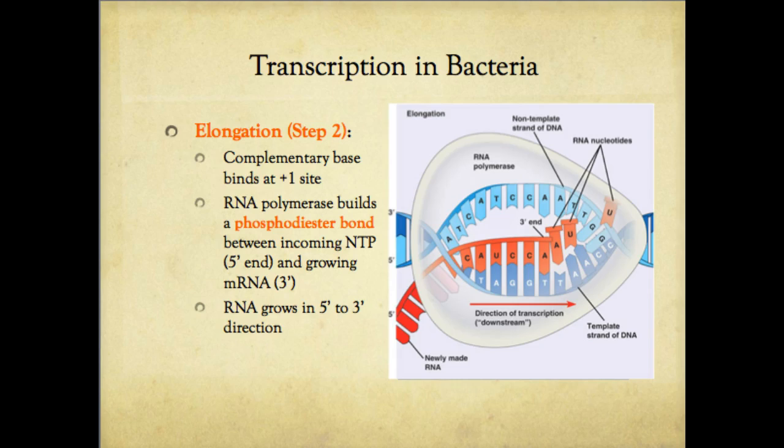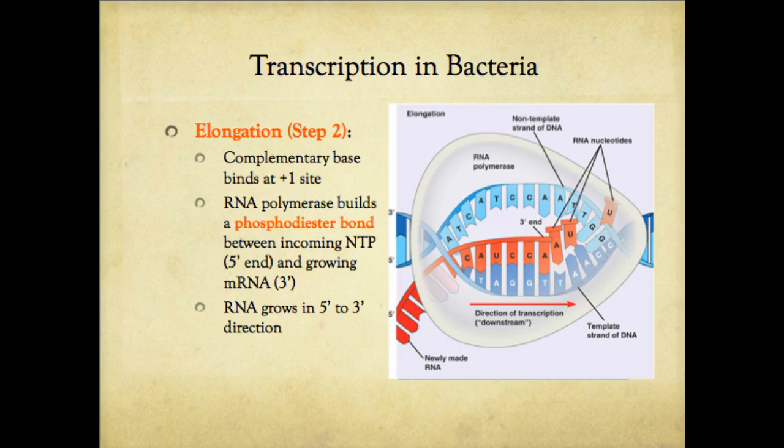Okay, so once sigma has the core in place on the promoter and has the template strand in its correct channel, sigma gets released. Sigma has done its regulatory job. At that point, initiation has ended and we move into elongation, which is the second step of transcription.